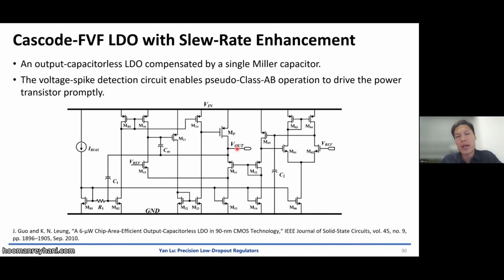And because we don't have a large capacitor on the output, we need certain transient detection and transient enhancement circuits, and also PSR enhancement circuits, to maintain reasonably good performance. The output capacitor is really important to LDO designs.